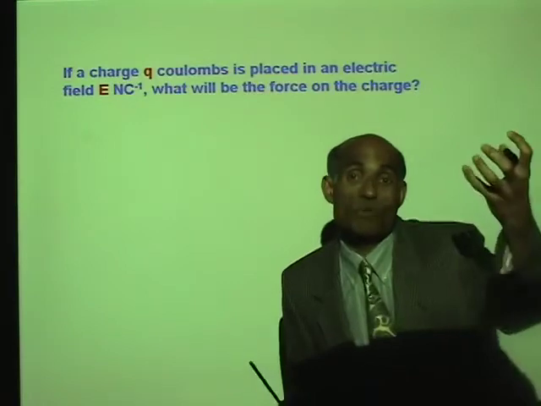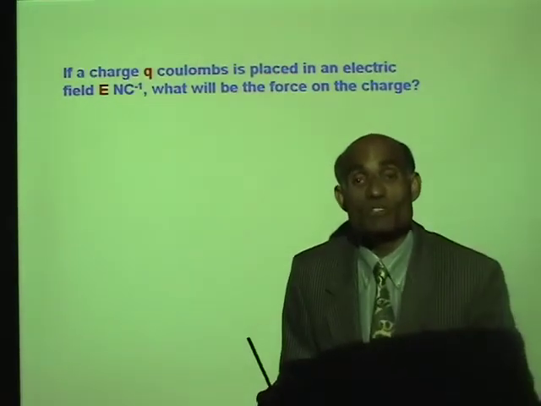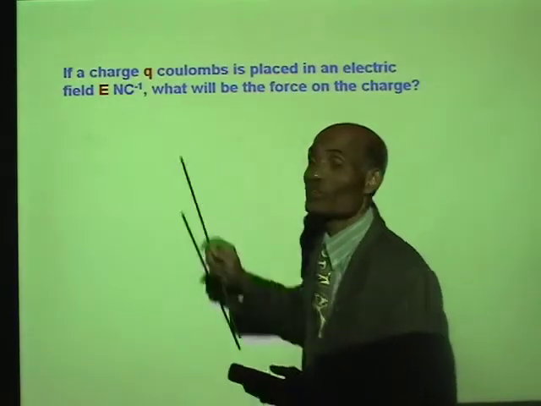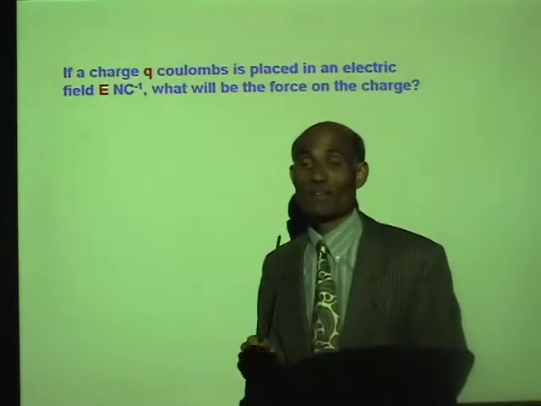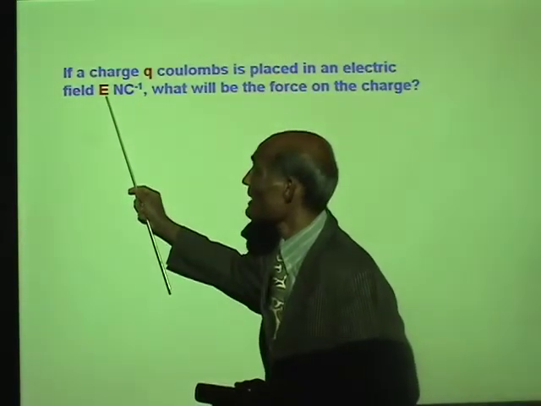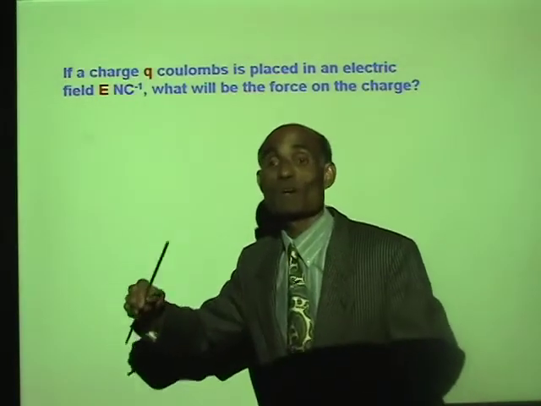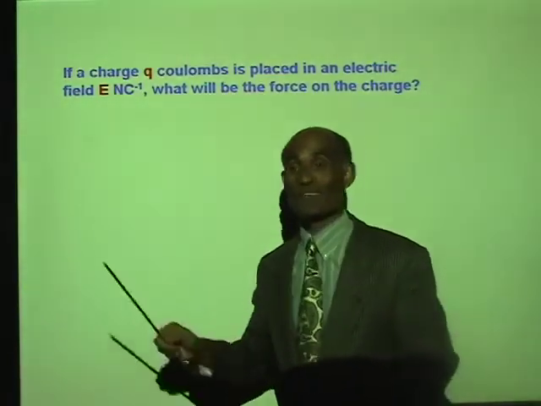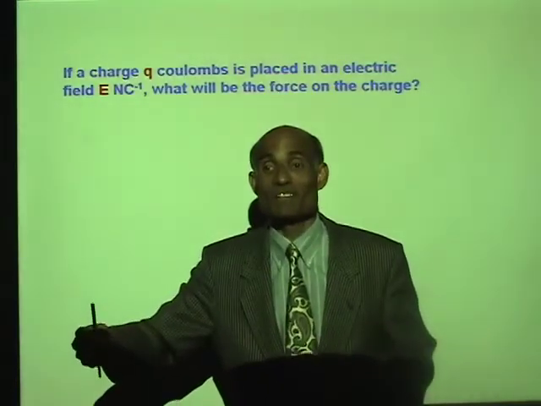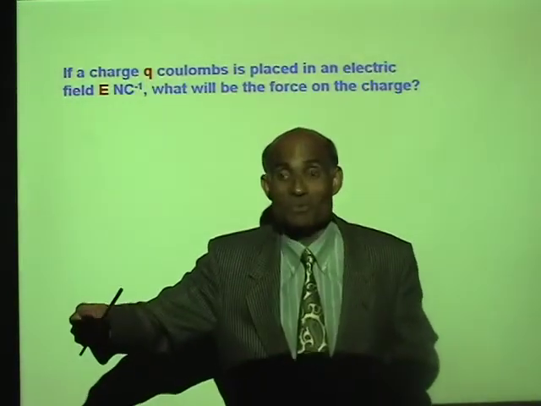Just like the basketball is placed in the gravitational field, it experiences a force. What will be the force this charge experiences? Well, in order to give me the answer, you must know the meaning of electric field. Electric field is force per unit charge. If E is the force per unit charge, then what is the force on a charge Q?